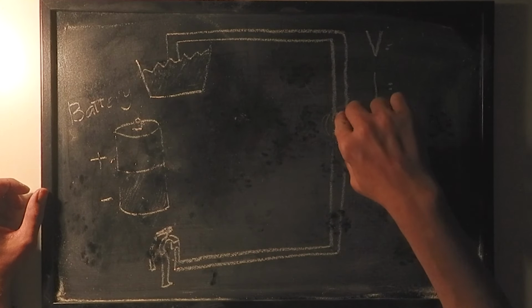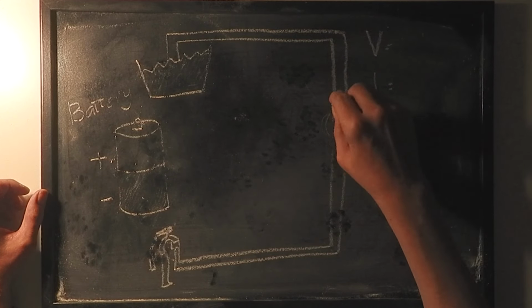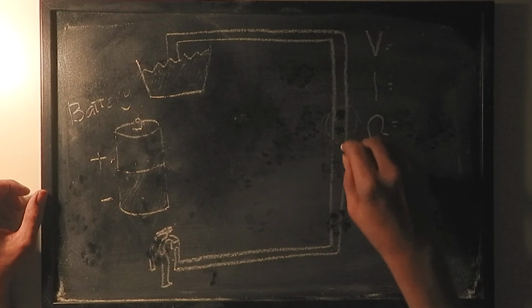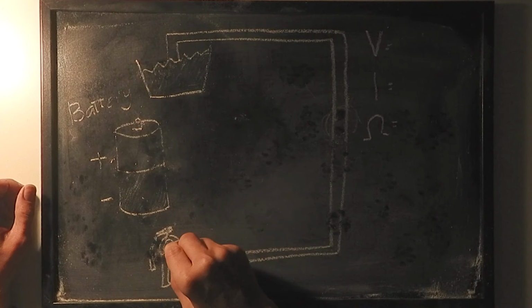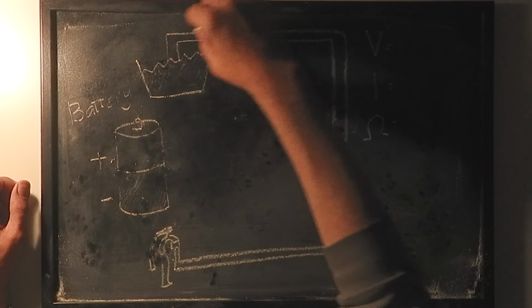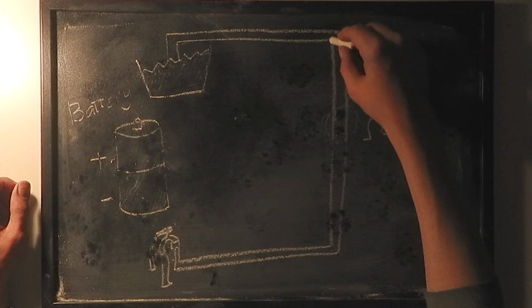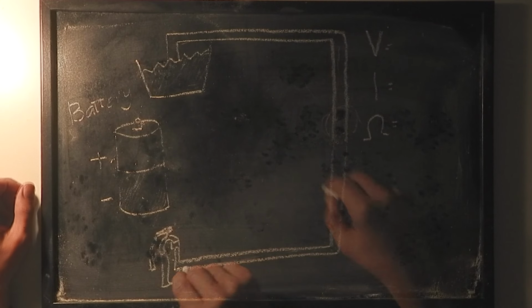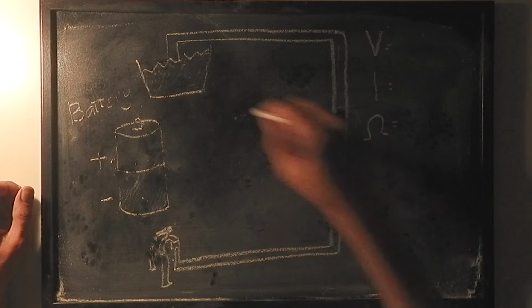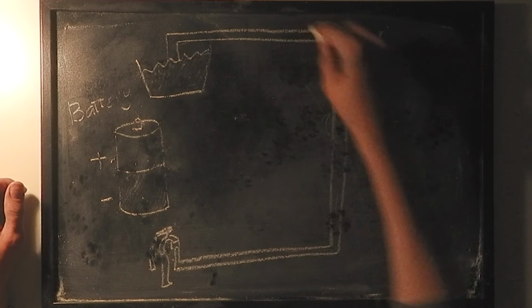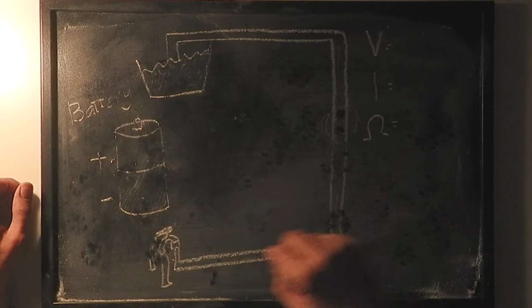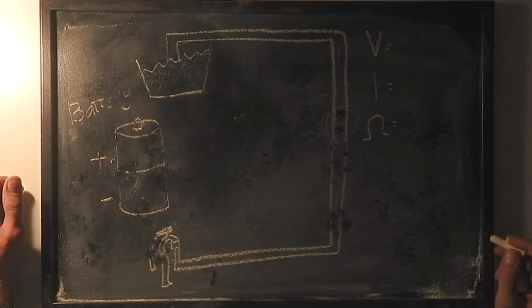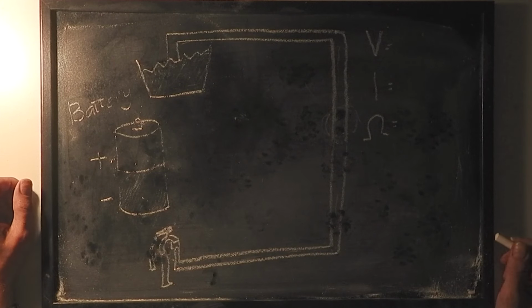However, if this hole here does not exist, if we have a full circuit and you pump here, the water will flow along this path here. And as long as there is water inside of this bowl, the water will flow. But as soon as this water runs out, the flow of water will stop. So that's quite logical.